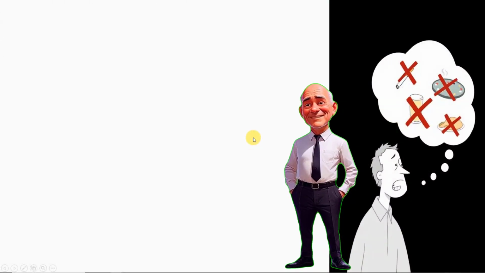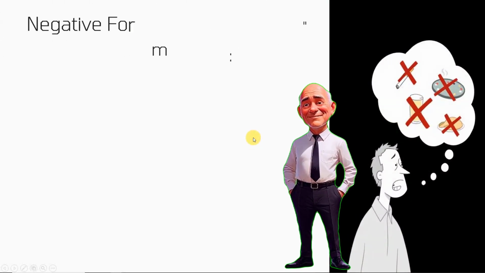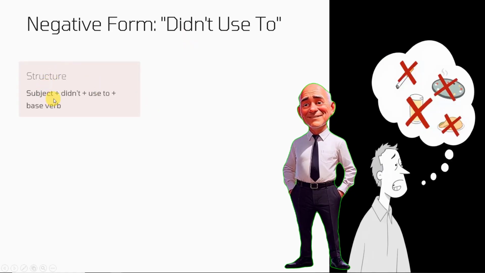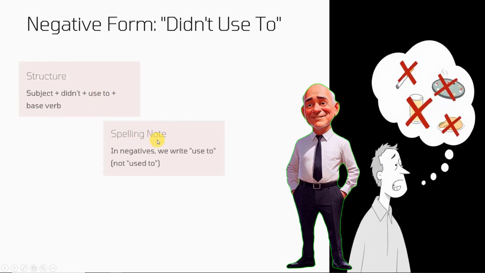Okay, let's have a look at the negative form. Didn't use to. Right. The structure, subject once again, plus didn't, use to, plus the base verb. Please note use, not used. Okay, spelling note, here it comes.